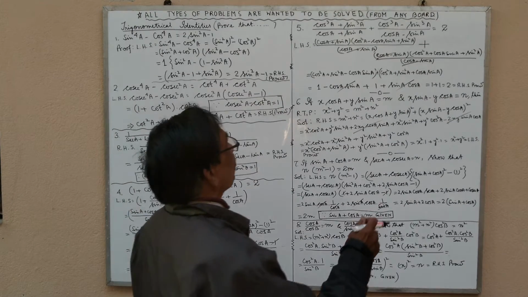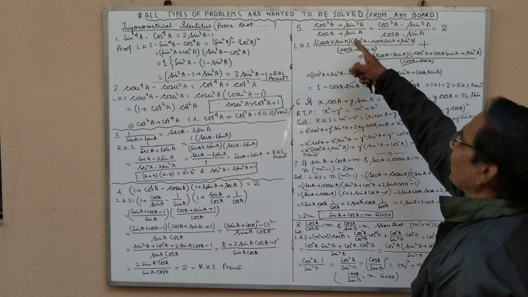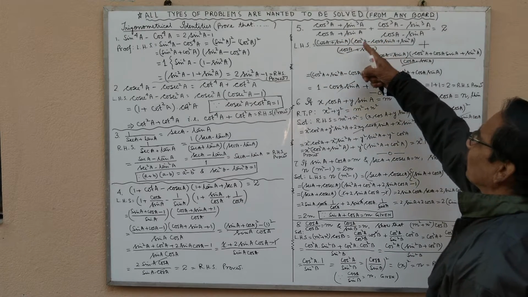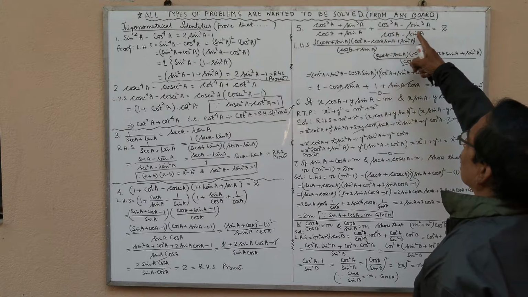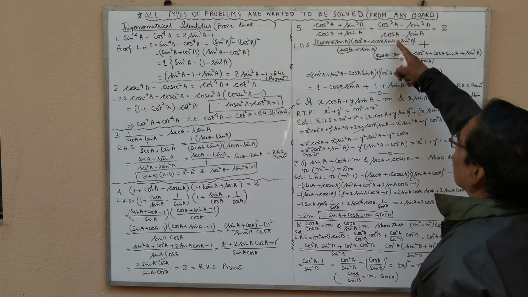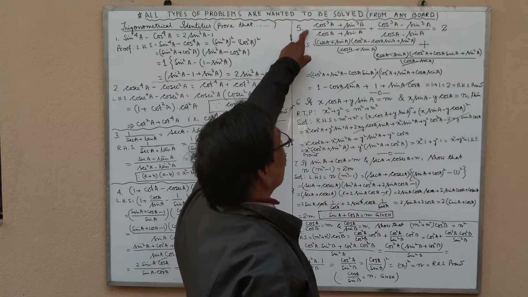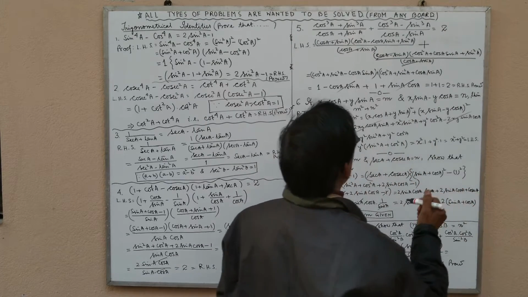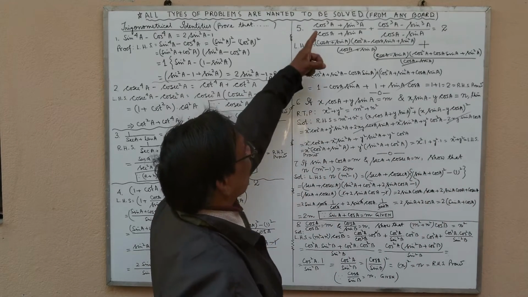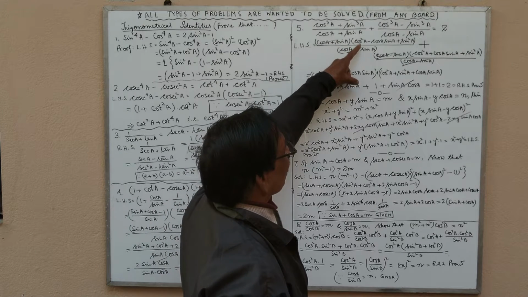Now let us solve this one: (cos³a plus sin³a) by (cos a plus sin a) equals cos³a plus sin³a by cos a plus sin a, equals 2. Taking this formula, a cube plus b cube equals (a plus b)(a square minus ab plus b square).